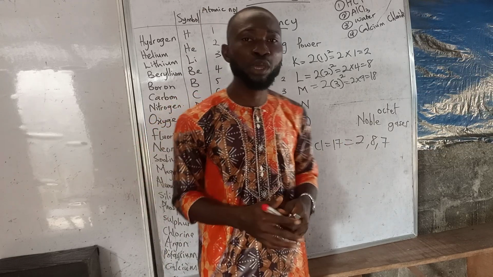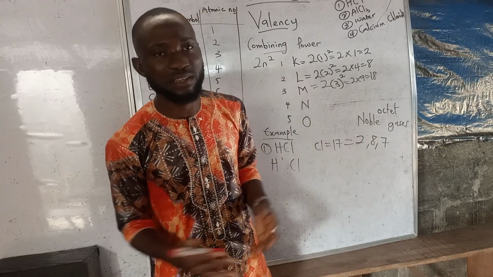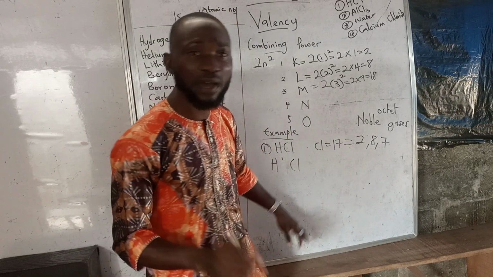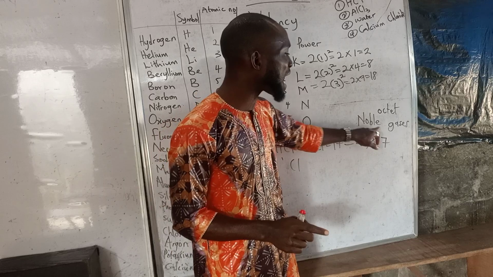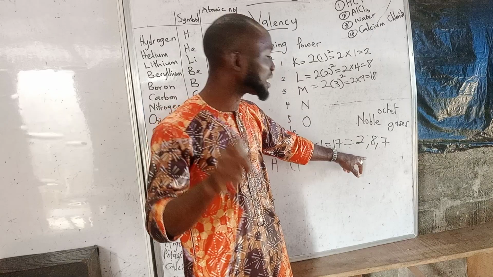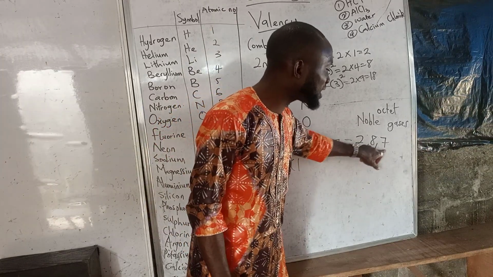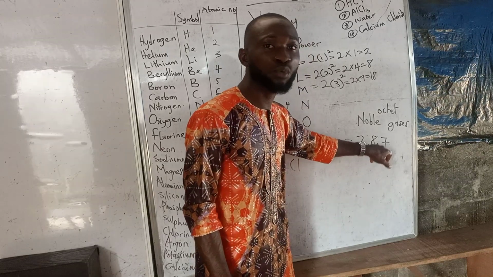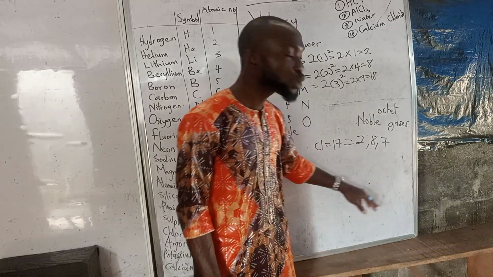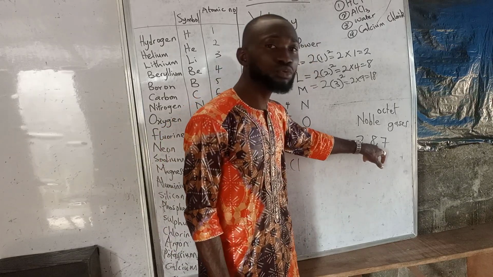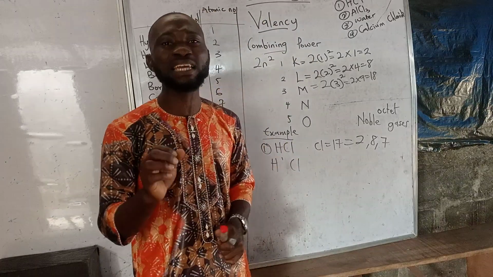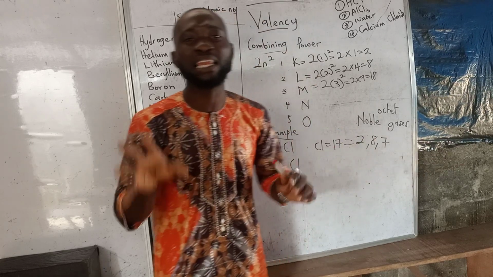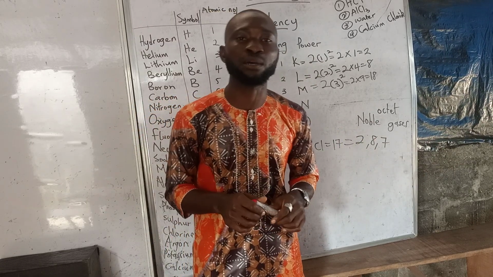Now, what does this signify and how does this affect the valency? It affects the valency because every element that doesn't have a full outermost shell, this electron in the outermost shell is what we call the outermost electron, and it can be filled in what we call the outermost shell. So every element that doesn't have 8 electrons wants to look like the noble gases that have 8 or 2 electrons in their outermost shell.